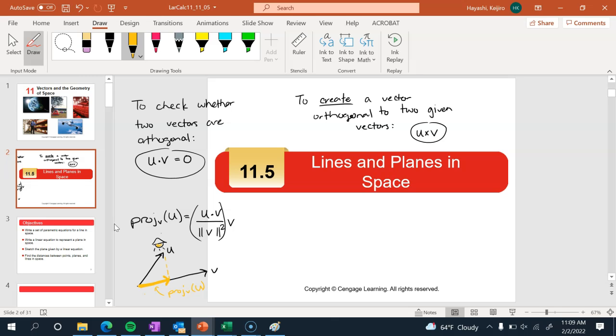Oh, yes. So real quick, U times V equals 0 when they're orthogonal. If U times V is greater than 0, that means the cosine is positive.